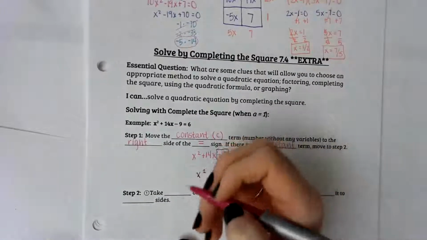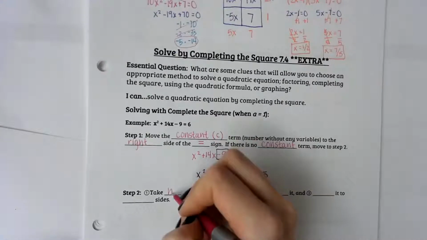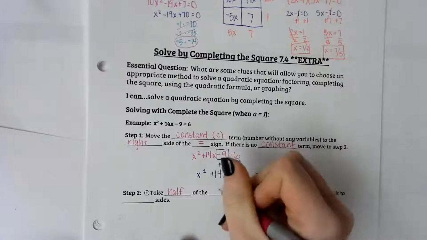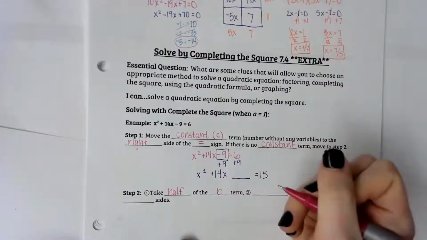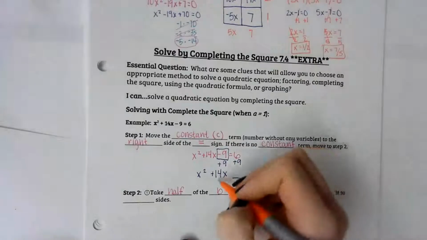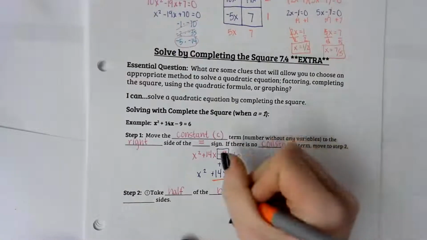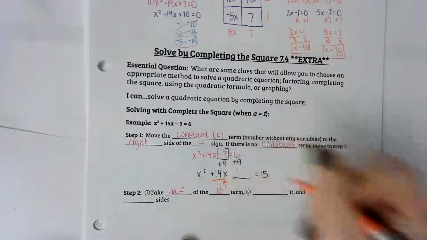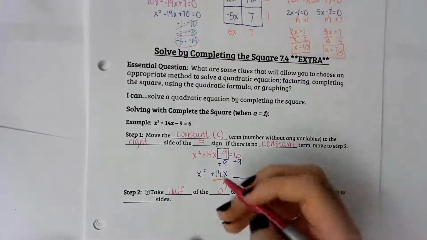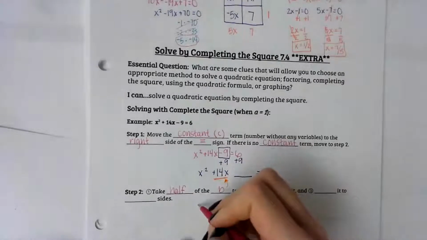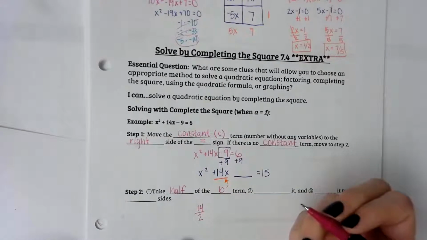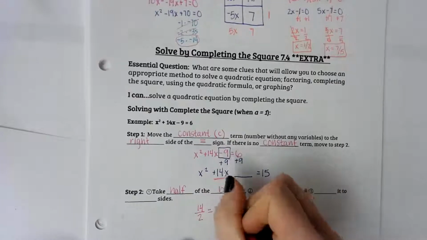Okay, so step 2 is you are going to take half of your b term. So first of all, your b term is this one right here. So this is your b. So half of your b term, which equals 7.